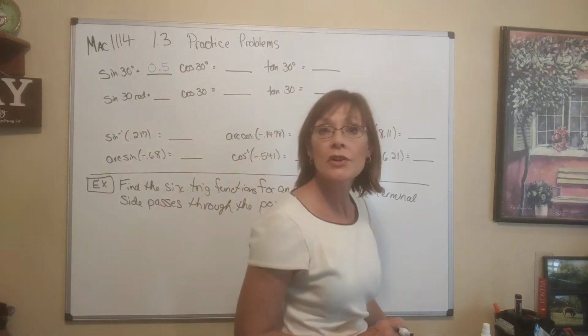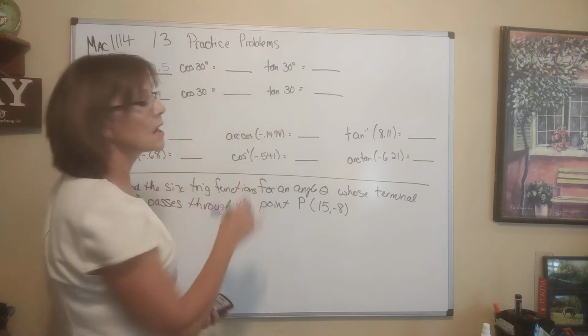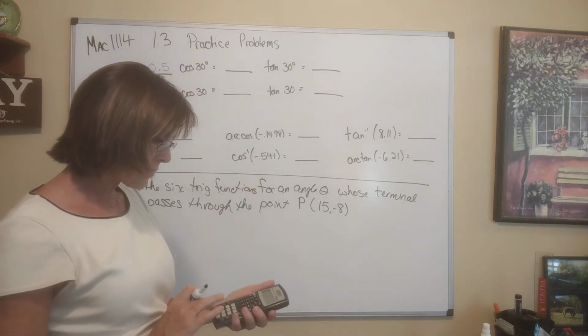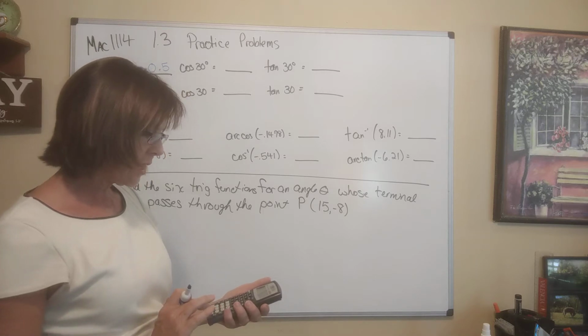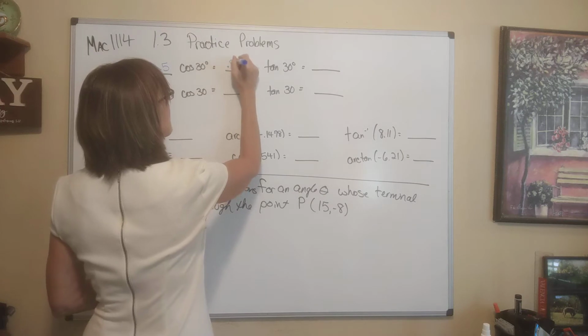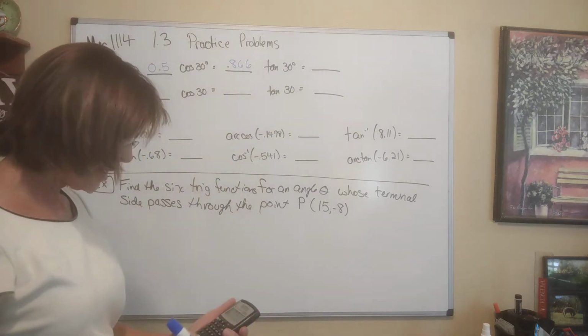The cosine of 30, let's go ahead and figure out what that is. We're going to do this in decimals. We'll round to 3 places. So let's see, press cosine and say 30 degrees and hit enter, and you get 0.866. And then let's find out what the tangent of 30 is.